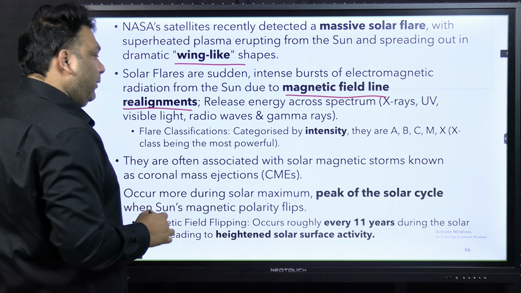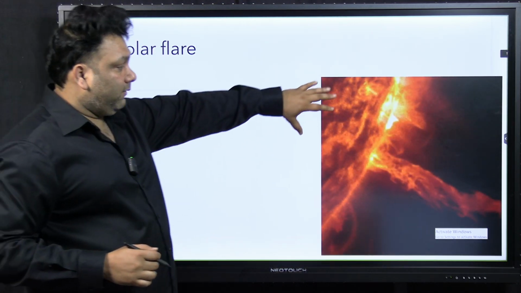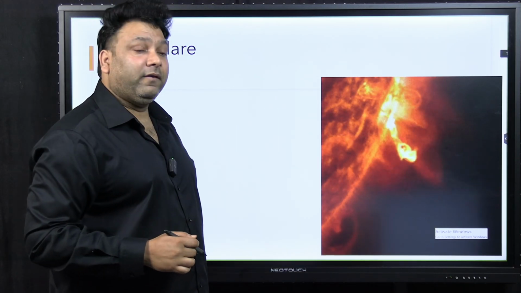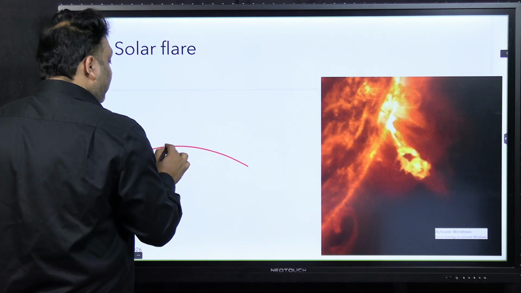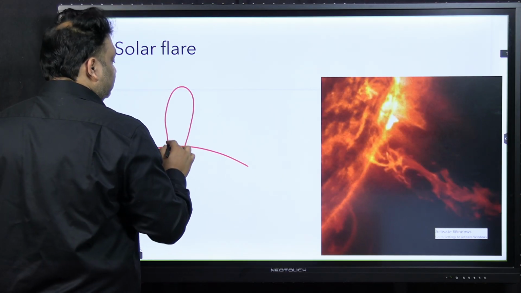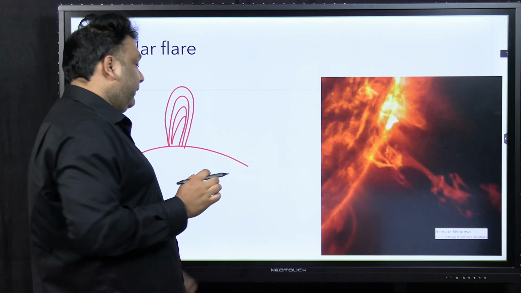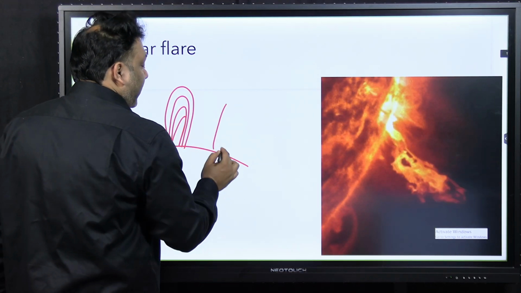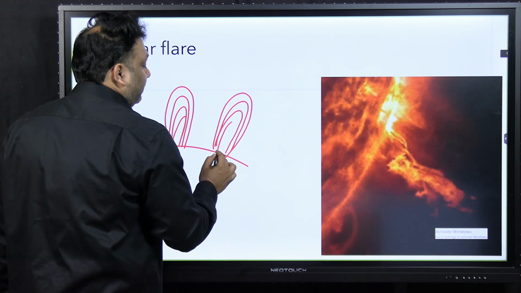Now, I'll be talking about one more layer here. Apart from these layers, on the surface of the sun you have these magnetic field lines. Just like you tie shoelaces on your shoes, similarly magnetic field lines are released and they are realigned also.